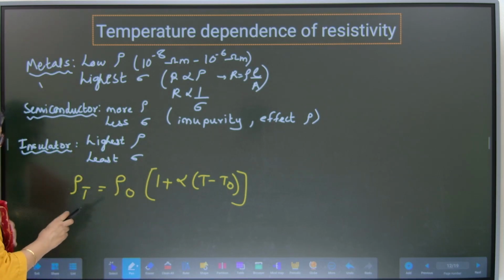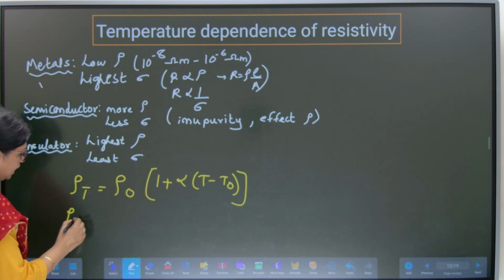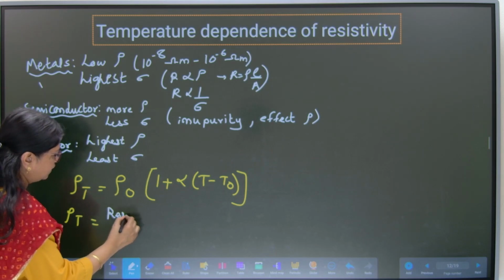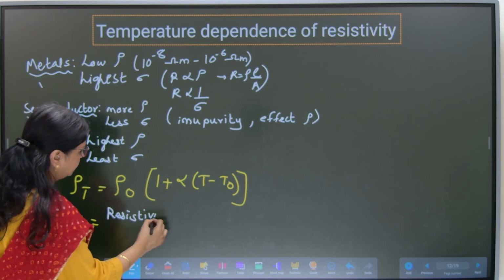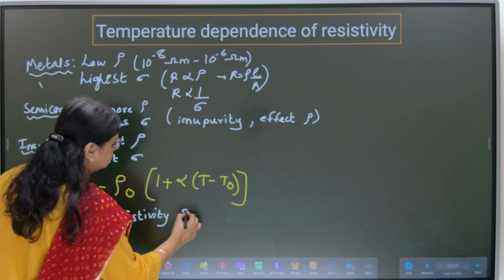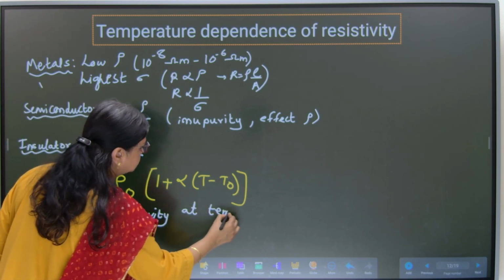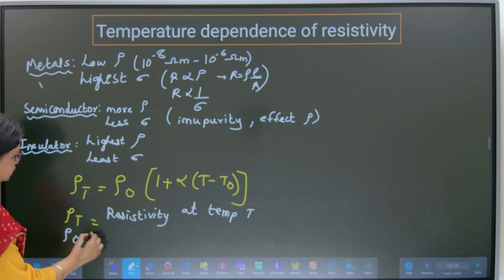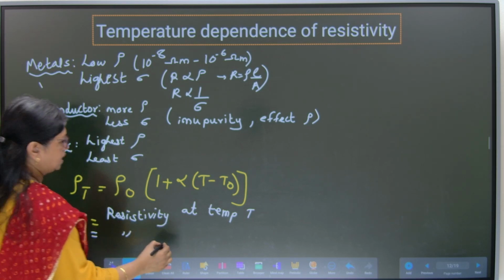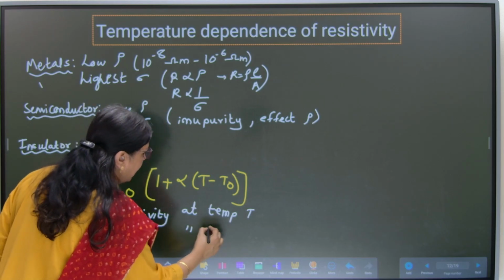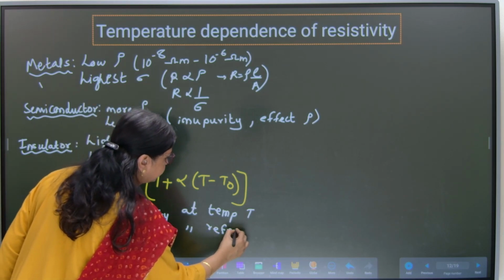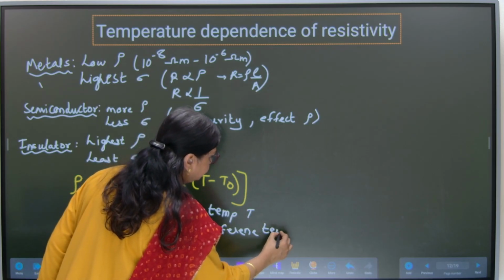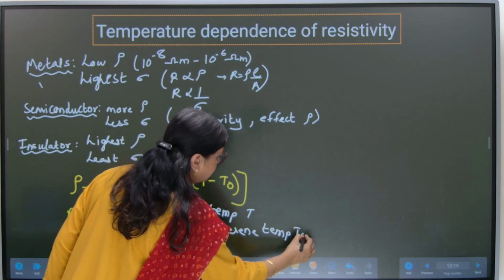Where we have rho T is equal to the resistivity of the material at temperature T. Rho naught is the resistivity of the material at reference temperature T naught.